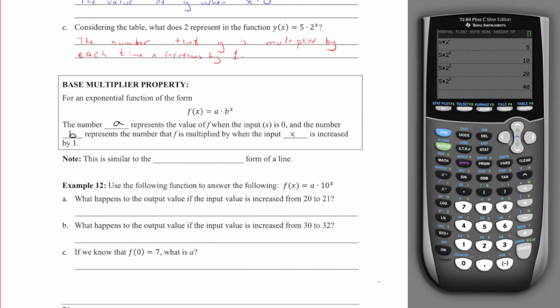And notice that this is very similar to the slope-intercept form. We had y equals mx plus b, where b was the starting value and m was the rate of change. In other words, b was the value of y when x is 0, and m, the slope, is the amount that's added to y each time x increases by 1.